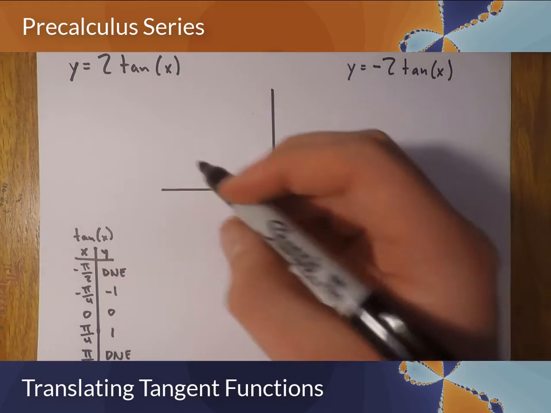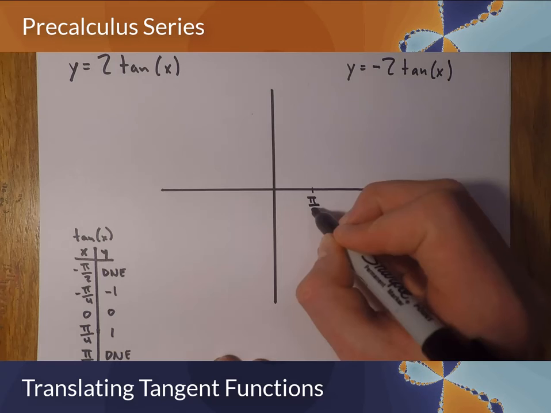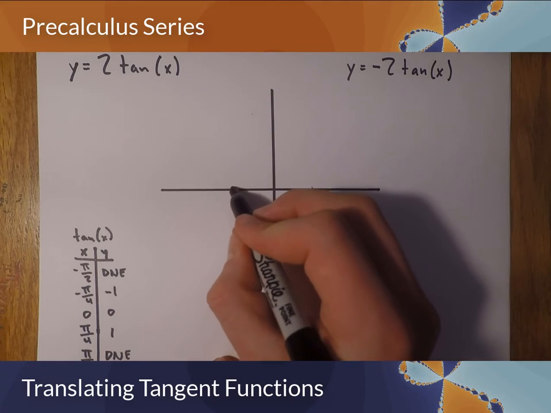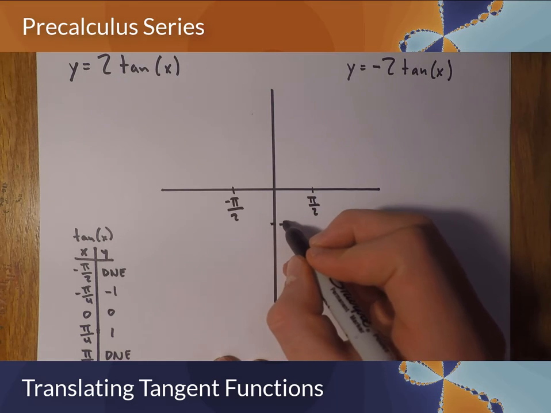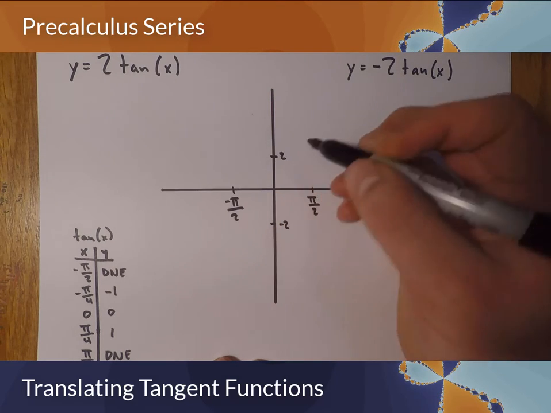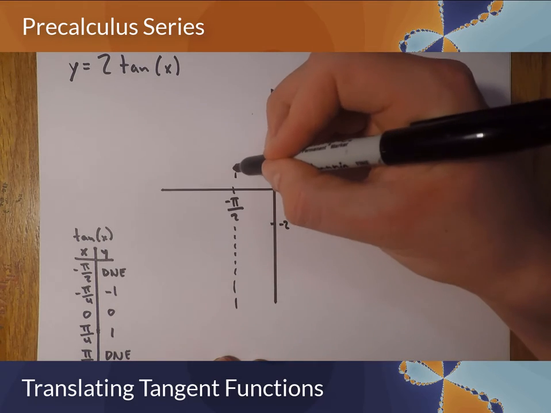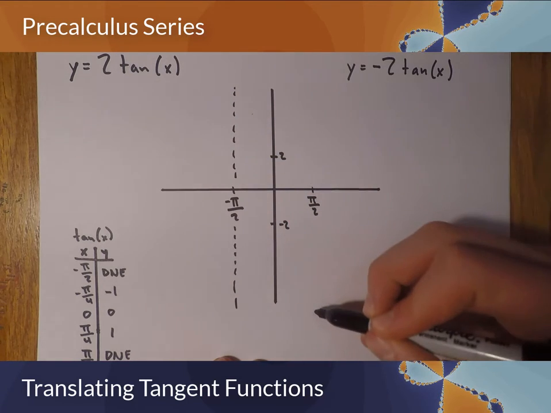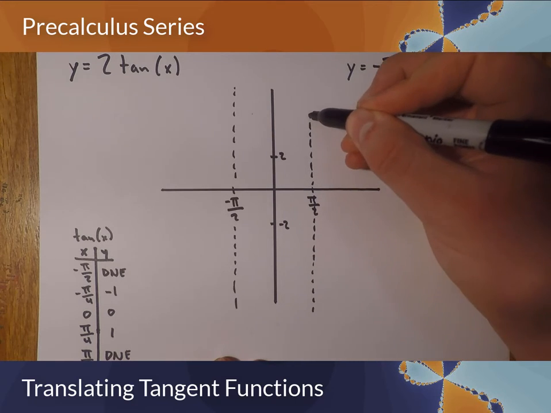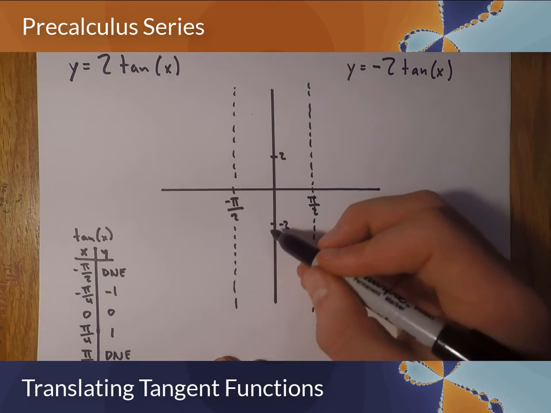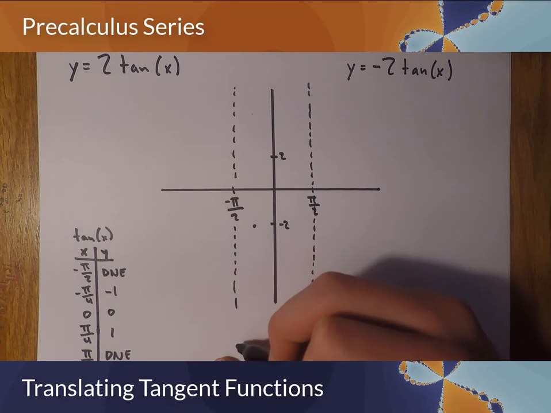To produce the graph of 2 tangent of x, here we have pi over 2, here we have negative pi over 2, and then we add negative 2 here, positive 2 here. Then I create my vertical asymptotes, like so. The graph of tangent would just increase at a faster rate.